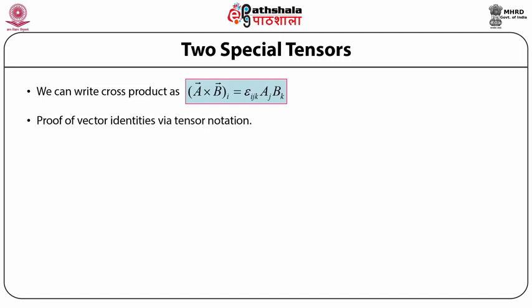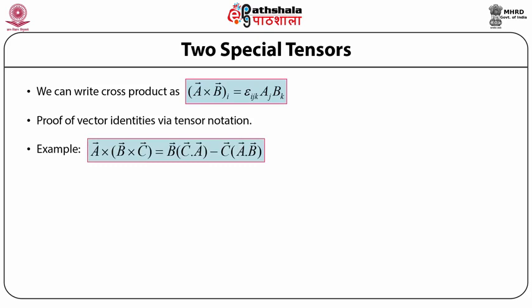So if we consider the vector triple product of three vectors, that is vector a, vector b and vector c, then vector a cross within brackets vector b cross vector c is equal to vector b times within brackets vector c dot vector a minus vector c times within brackets vector a dot vector b.